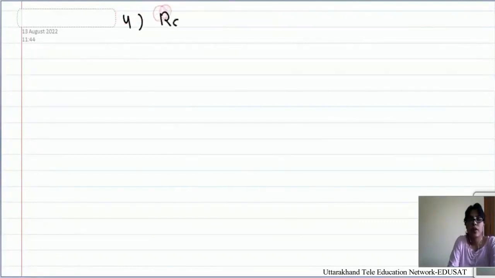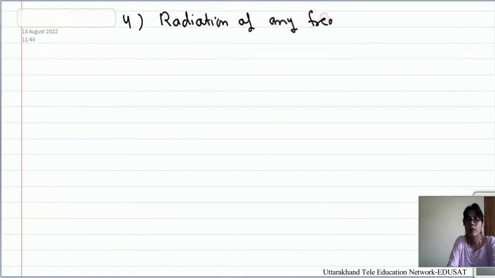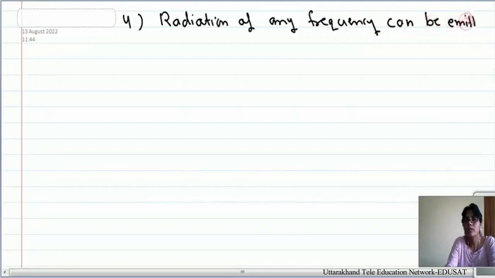According to the Rutherford model, radiation of any frequency can be emitted. But experimentally we observe only certain lines.